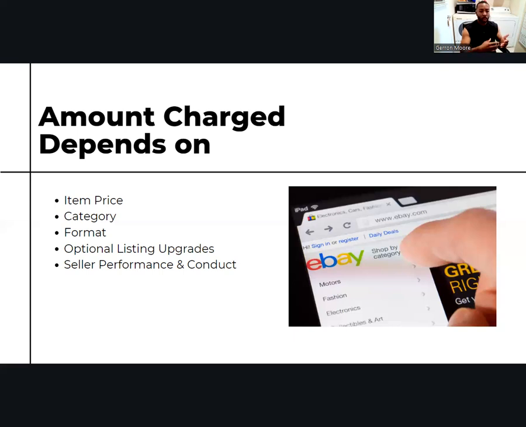That's normally how it works on these platforms. They try to keep you restricted and keep you in line by charging you fees whenever you get outside of those. So you want to make sure that your performance and your conduct is good on there, because if you don't, you end up paying more. It just makes sense to do things right and to perform very well on the platform.